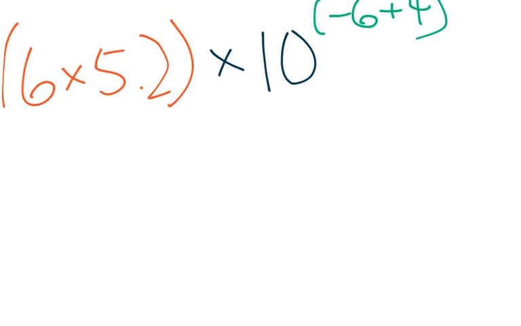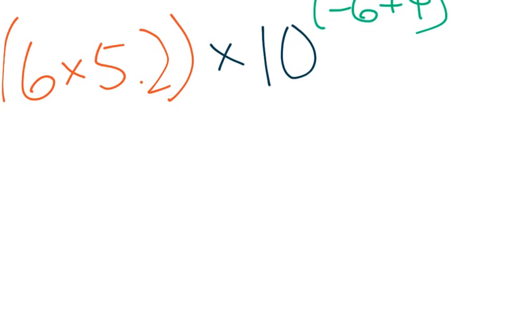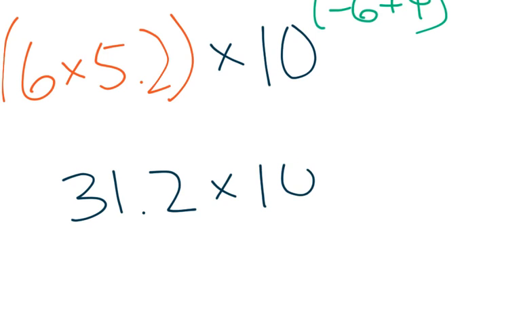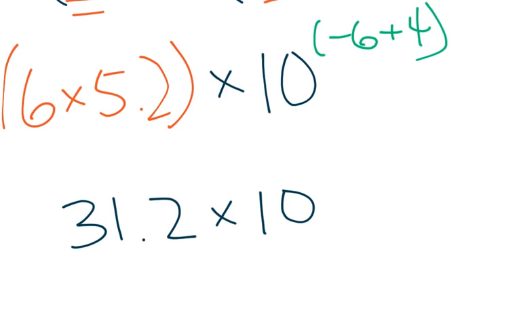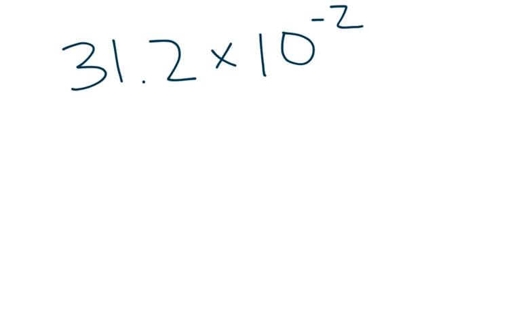Okay, so 6 times 5.2 is 31.2 times 10, and negative 6 plus 4 is negative 2. So because 31.2 is bigger than 10, we want to move the decimal place once. So we have 3.12.